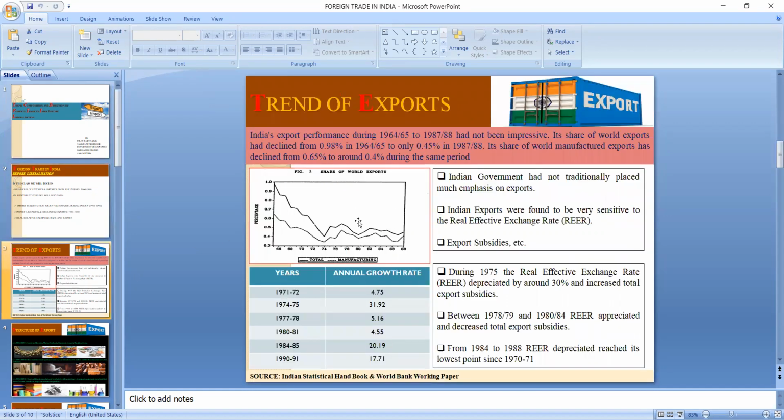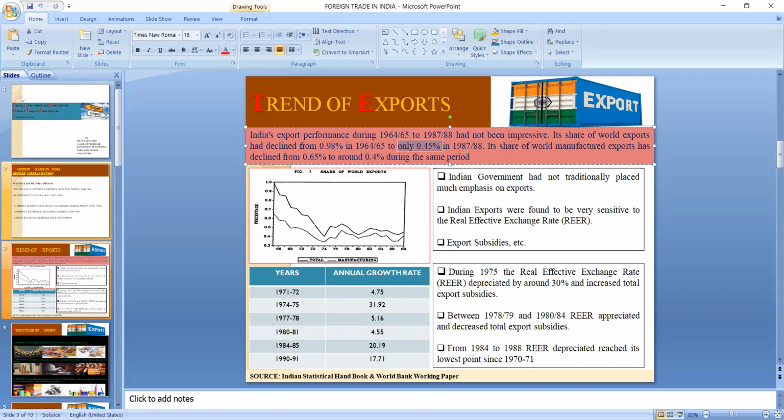Now, trend of exports. The performance of the Indian export sector during 1964-65 to 1987-88 was not so impressive. Its share of world exports had declined from 0.98% in 1964-65 to only 0.45% in 1987-88.